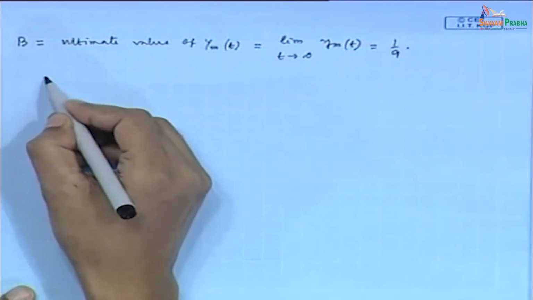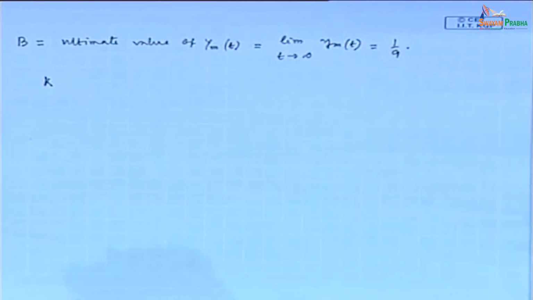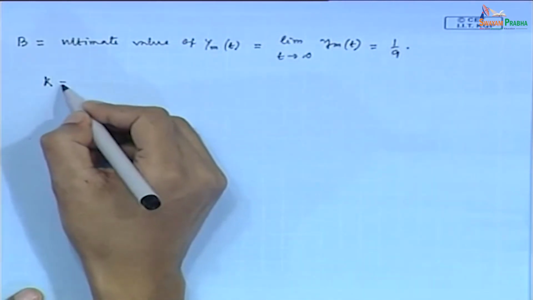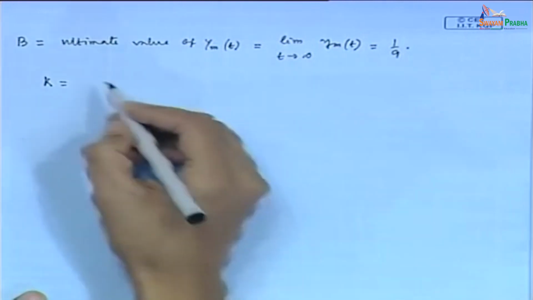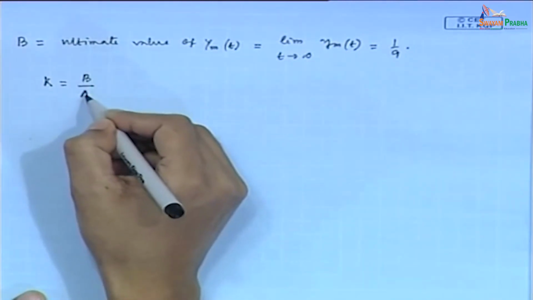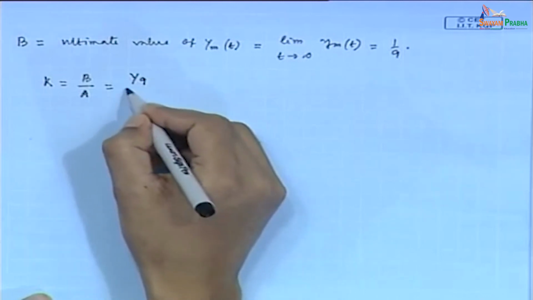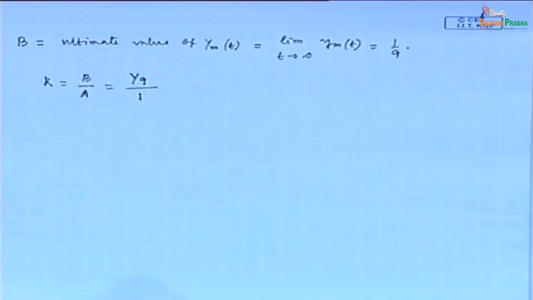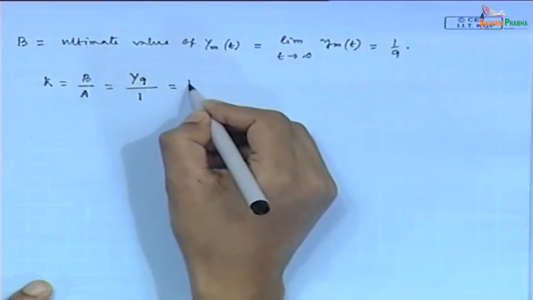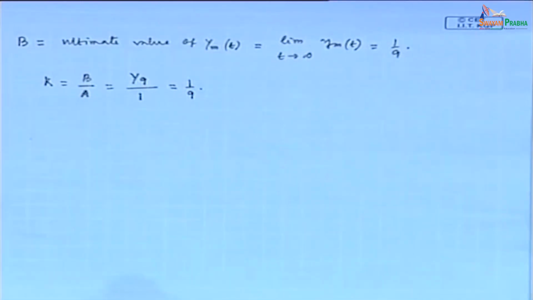Now, we can determine the gain K. K is equal to B divided by A. B is the ultimate value of the response and A is the magnitude of the input function. So, B we obtained 1 by 9 and A is 1 because we have introduced a unit step change, that means this K is 1 by 9.